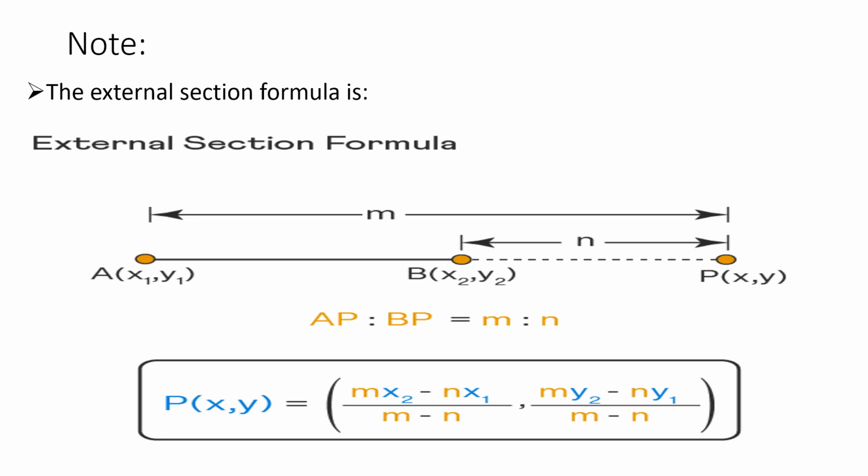Suppose A (x1, y1), B (x2, y2) are 2 points and the point P divides this line segment externally, meaning it is outside AB, and suppose the coordinates of P are (x, y), the ratio AP to BP is m to n. Then the coordinates of P (x, y) are given by (m x2 minus n x1) upon (m minus n) and (m y2 minus n y1) upon (m minus n).